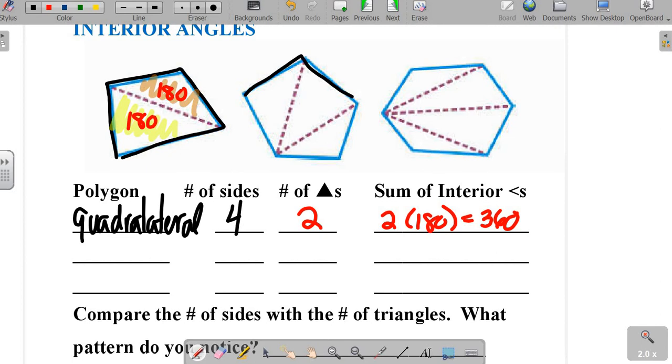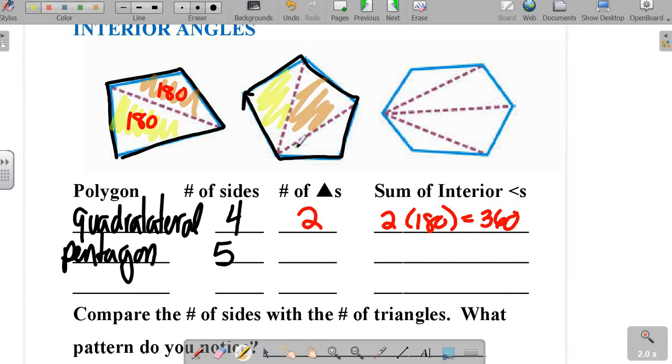This one, trace it around, is a pentagon. It has 5 sides. It has 3 triangles. And when I mean triangles, I mean drawn by diagonals from a single corner.